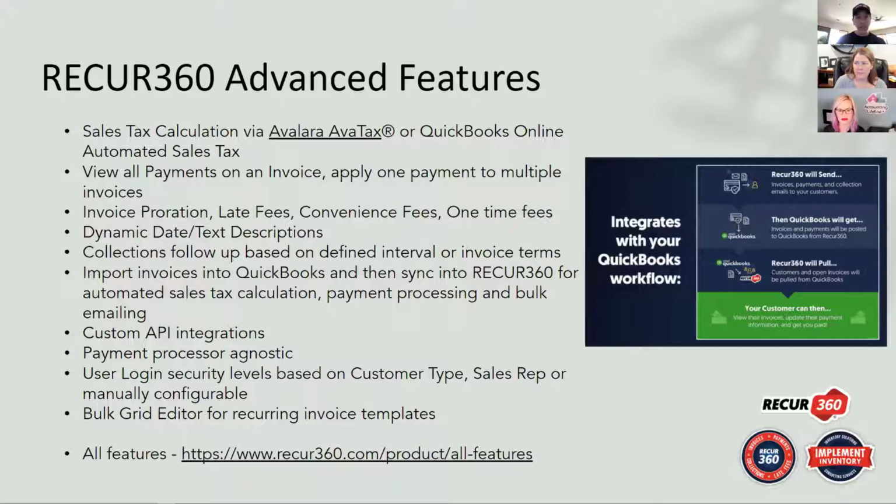A couple key things that we offer you just don't get in QuickBooks are invoice proration. Automated late fees was just most recently added to QBO, but didn't exist more than a year ago. Convenience fees. So if somebody pays you via credit card, you can pass through the processing fee to them. And you can set it up in our system that if they pay you via credit card, charge this fee.